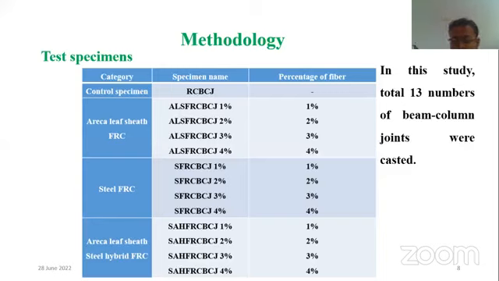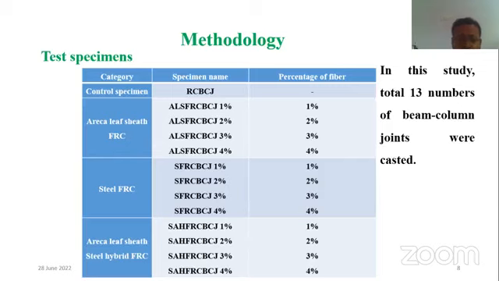Next, the test specimens have been prepared first in the laboratory. In this research, I have prepared a total of 13 beam column joints that were cast in the laboratory. So those specimens are cast. We have cast the control specimen, a reinforced concrete beam column joint. That is the first specimen. It has no fiber. Next, we have cast the Areca leaf sheath fiber reinforced concrete beam column joint.